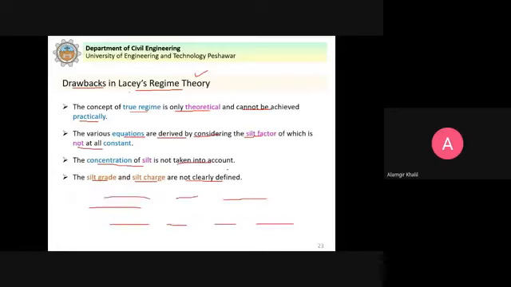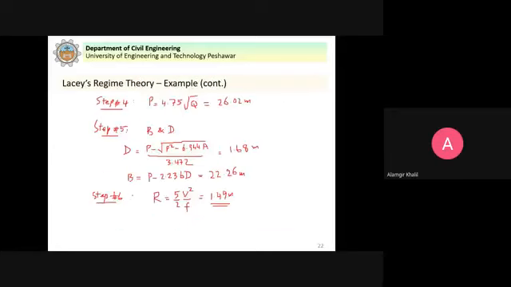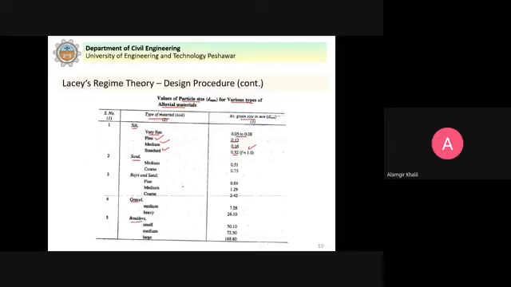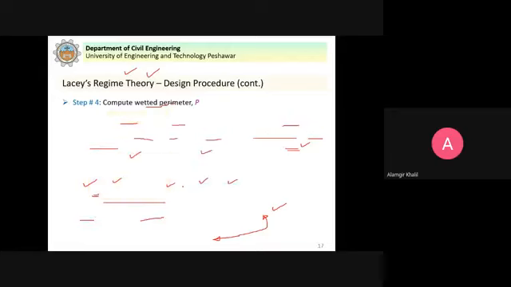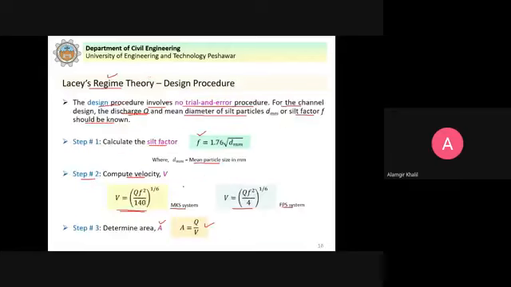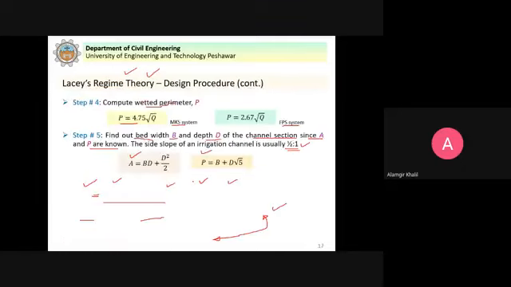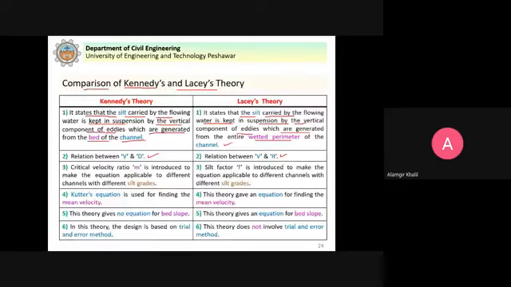If I go back, see the equation for V. This equation is not written here, but the Lacey theory gives the relation between V and R. Clear?